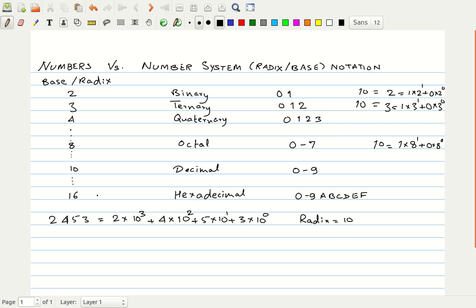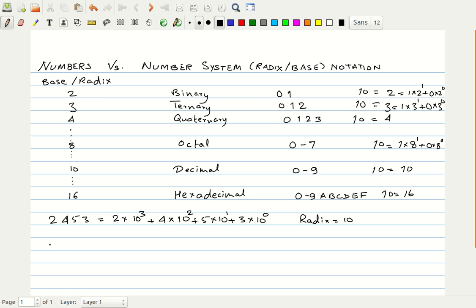So in base 16, if I write 1, 0, this will be equal to 16. In base 10, 1, 0 is equal to number 10, and in base 4, 1, 0 will be equal to number 4. So if our base is r, 1, 0 is equal to that number r, correct?